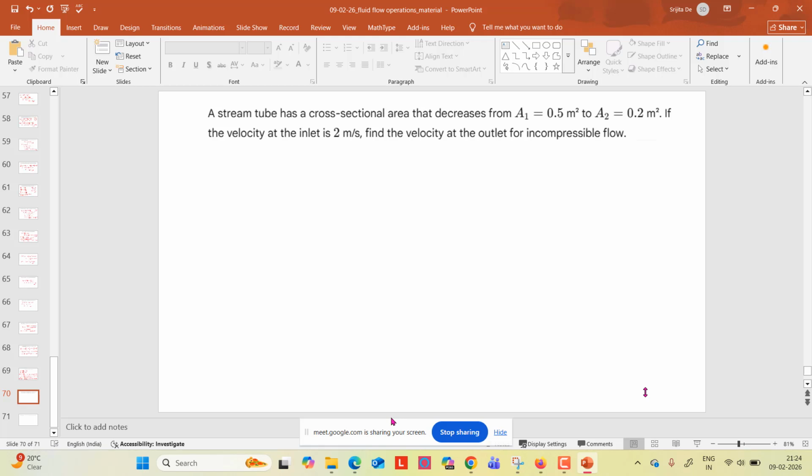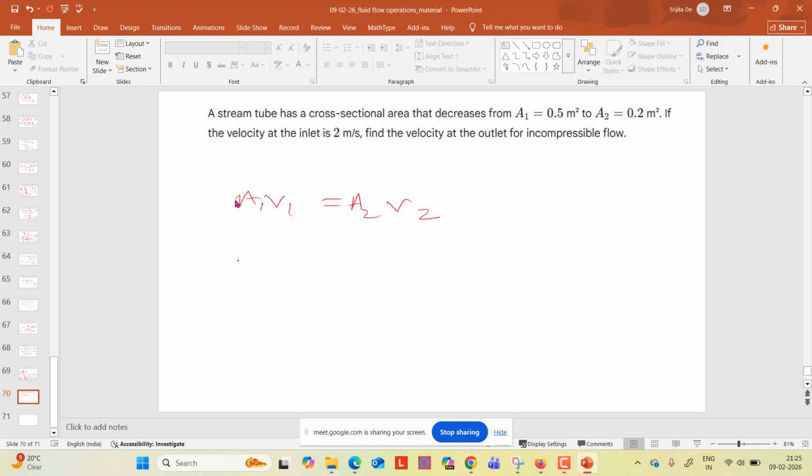Next, a stream tube has a cross-sectional area that decreases from A1 to A2. If the velocity at the inlet is 2, find the velocity at the outlet for incompressible flow. So it is A1 into V1 equals A2 into V2, you know.